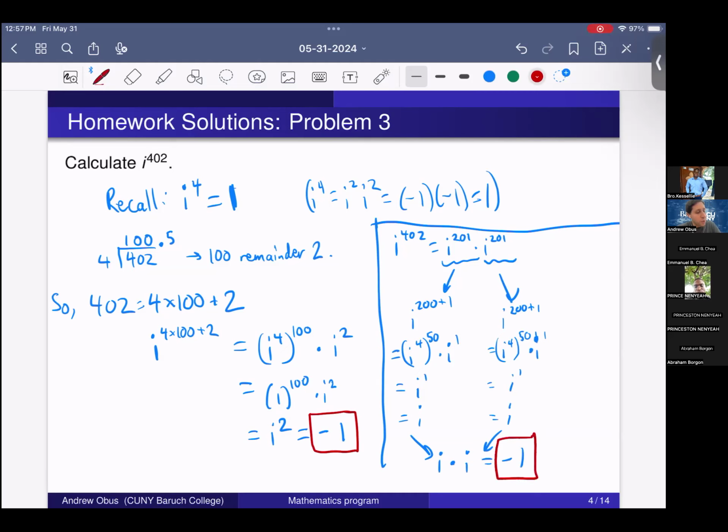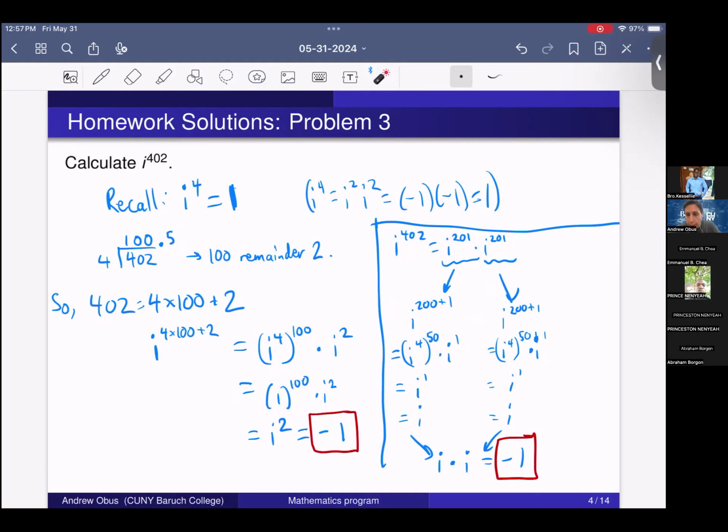So if you want to use the fact that 402 is even so that you can break it up into two parts, that's okay also. I don't think it's necessarily any easier here because you basically have to do the same thing twice over, whereas for this method, you only have to do it once, but it certainly works. It's completely fine.